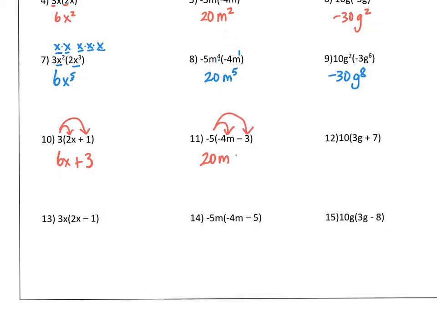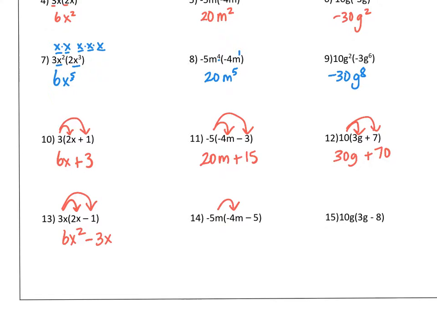Negative 5 times negative 3 is positive 15. 10 times 3g is 30g, and 10 times 7 is 70. Same thing down here, 3x times 2x, so just be careful, so 6x squared, and 3x times negative 1 is negative 3x.